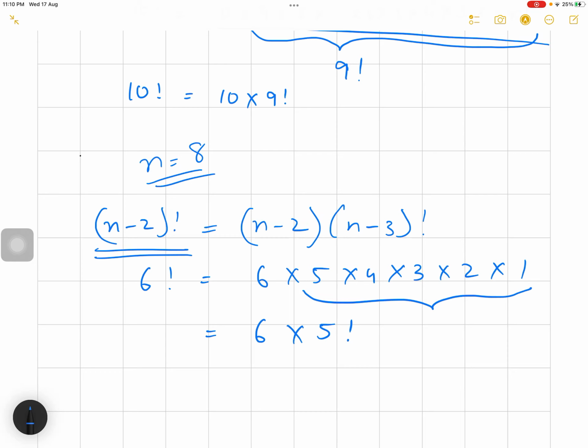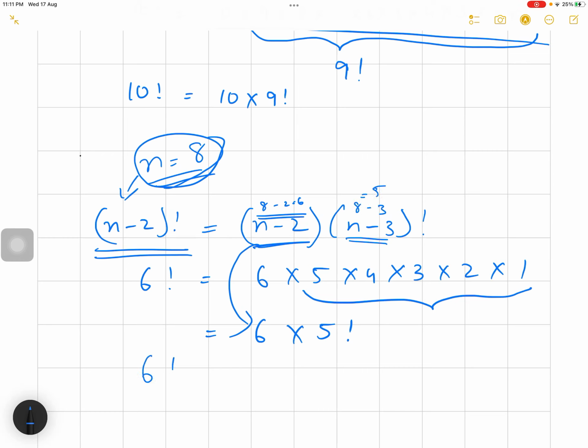Correct? So n is 8, and n minus 2 is 6, because n is equal to 8. If n is equal to 8, what is n minus 3? 8 minus 3 is 5.